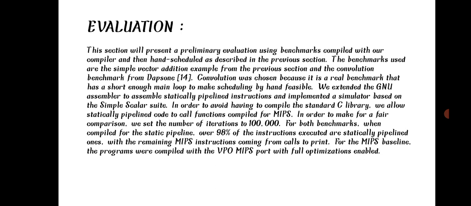We allow the statically pipelined code to call functions compiled for the MIPS in order to make for a fair comparison. We set the number of iterations to 1 lakh for both benchmarks.